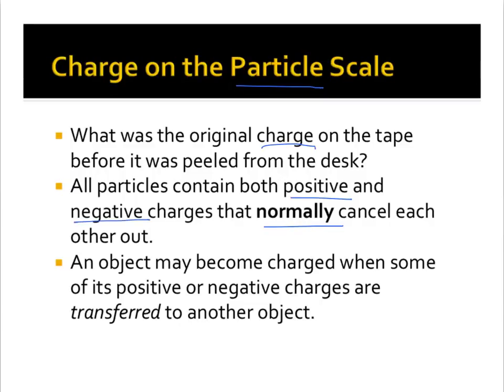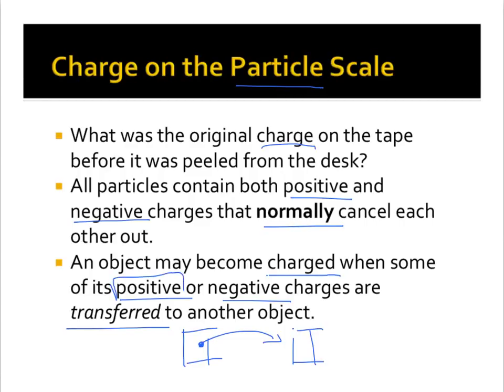It can be charged when some of the positive or the negative pieces are transferred or moved. So what we see here is some of the tape has electrons and gives them to the other piece of tape. And in doing that, we can make positive and negative charges.